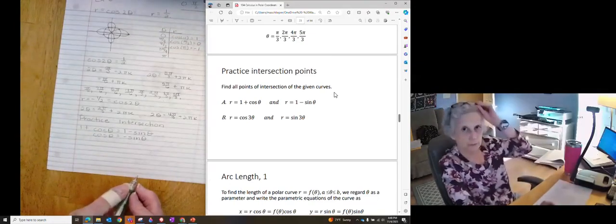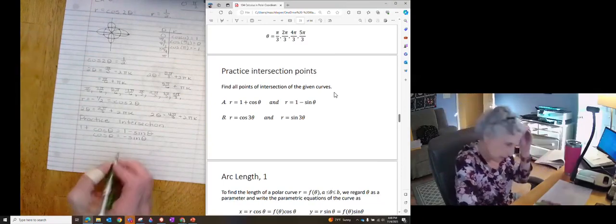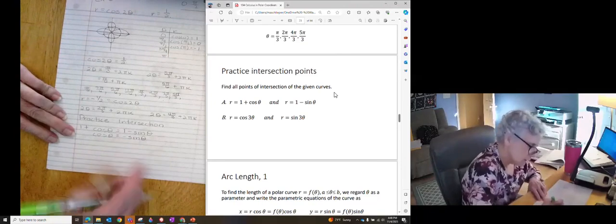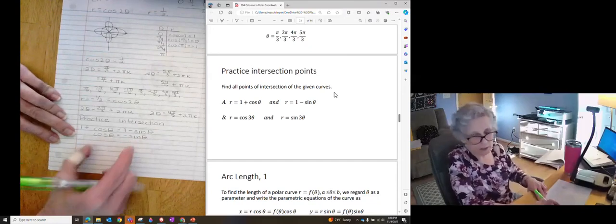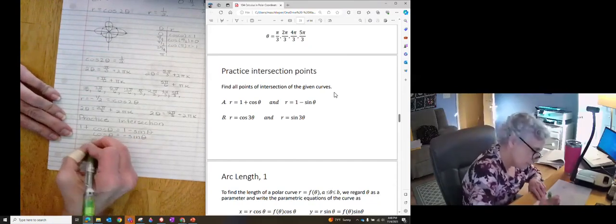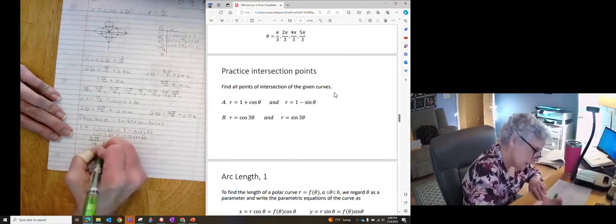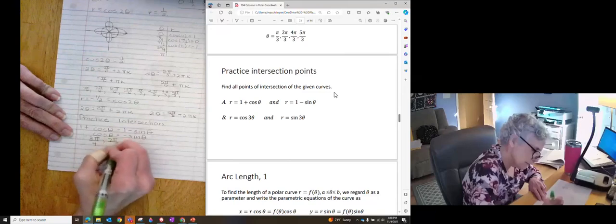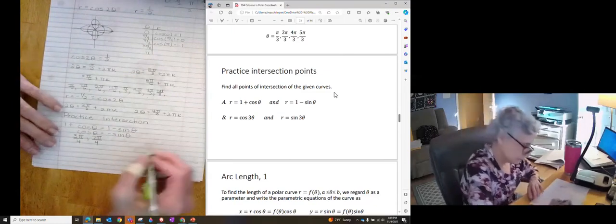Well, either you divide and think about tangent, or you just think about your unit circle. You know that's going to be where cosine and sine have opposite signs, and where they have 4 in the denominator. So 3 pi over 4 and 7 pi over 4.